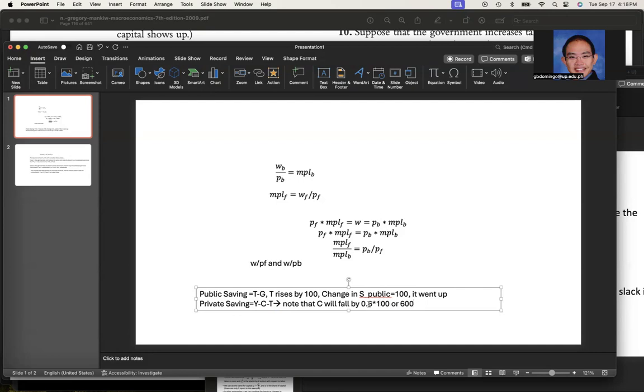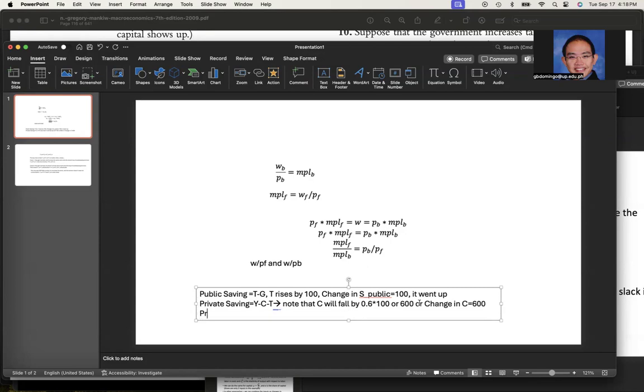And consumption will go down here by 0.6, so C will go down by 60. Therefore, the change in C is negative 60. Okay.